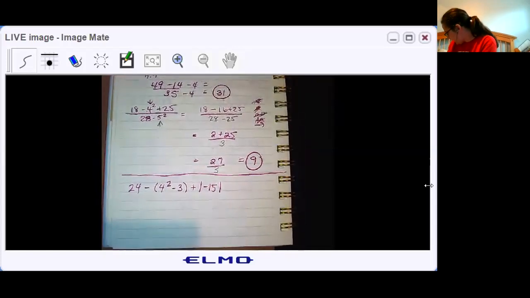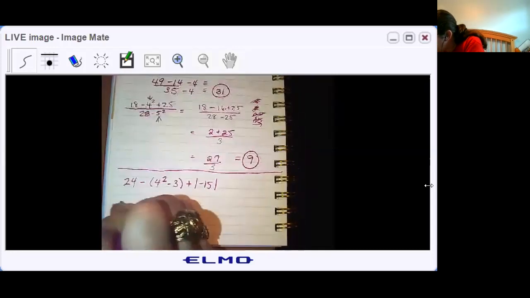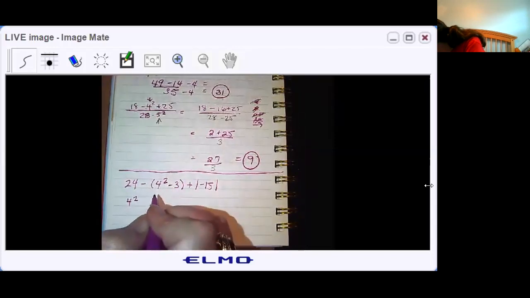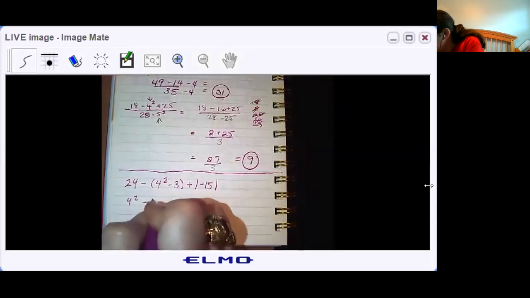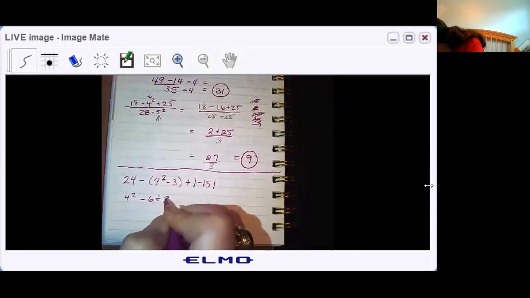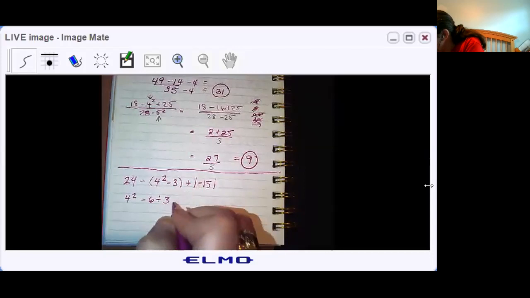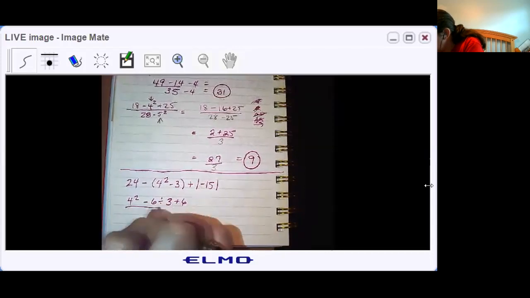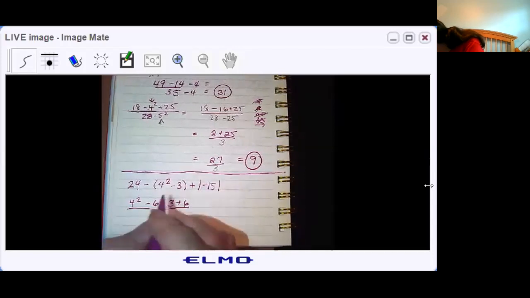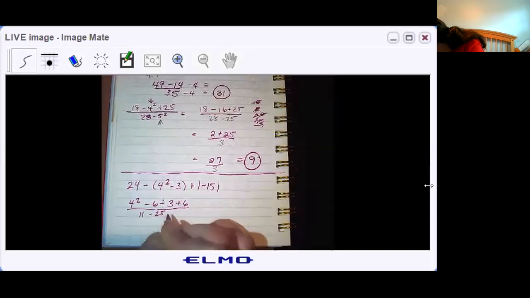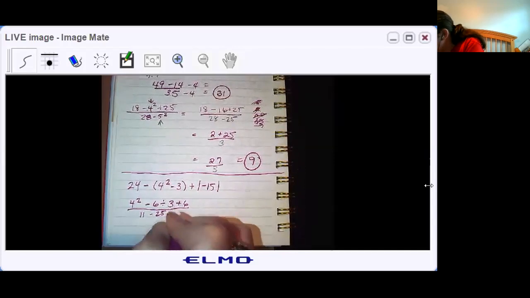And then we're going to have 4 squared minus 6 divided by 3 plus 6, all divided by 11 minus 25 divided by 5.